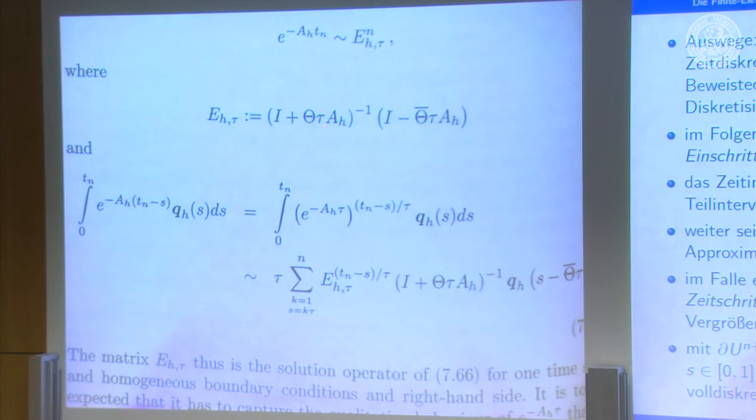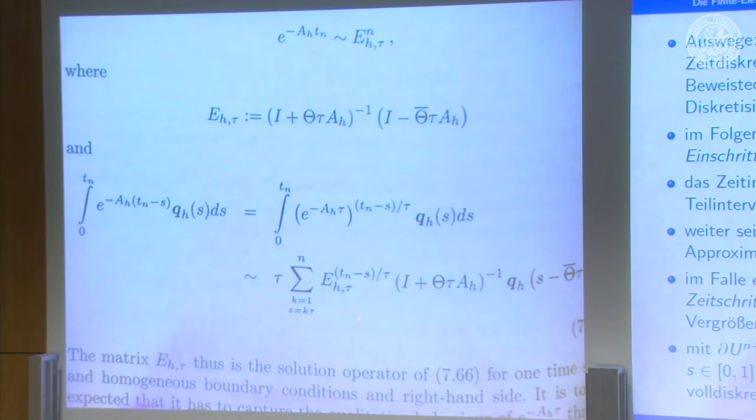So what is the approximation we are doing? We said already the matrix exponential is substituted by this rational matrix exponential. So small e goes to capital E, so to speak. And then we have an integral, and what we have done we can interpret as a quadrature rule.